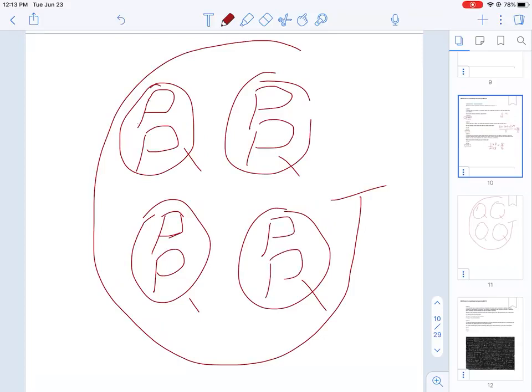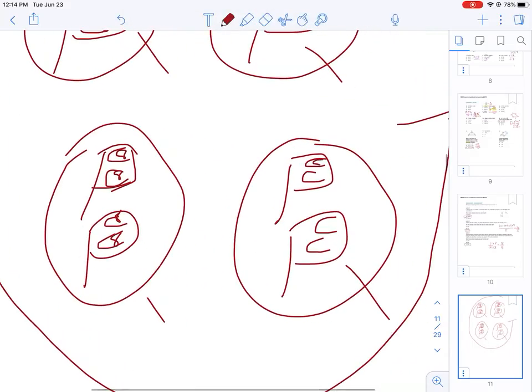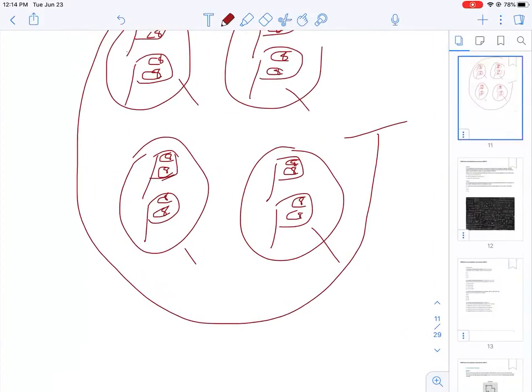I'm sorry I don't have my good stylus today. Each pint contains 2 cups, and each cup contains 8 fluid ounces. And then you're able to do all kinds of conversions, okay?